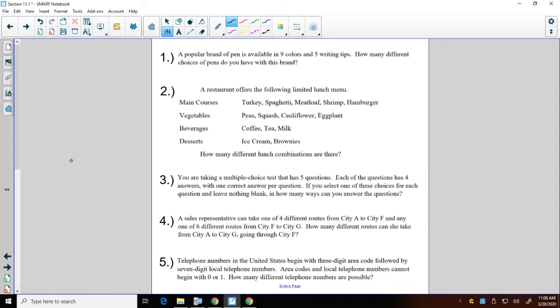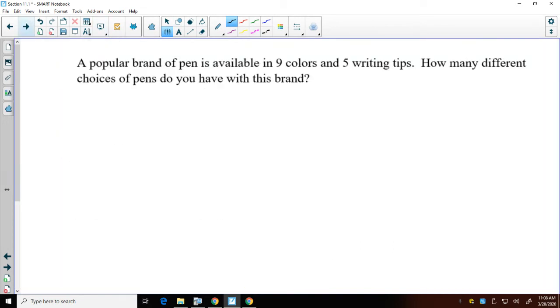So it says, a popular brand of pen is available in 9 colors and 5 writing tips. How many different choices of pens do you have? Well, I've got colors and I've got writing tips. So there are your 2 groups, just like what we had before, the main course and the appetizers.